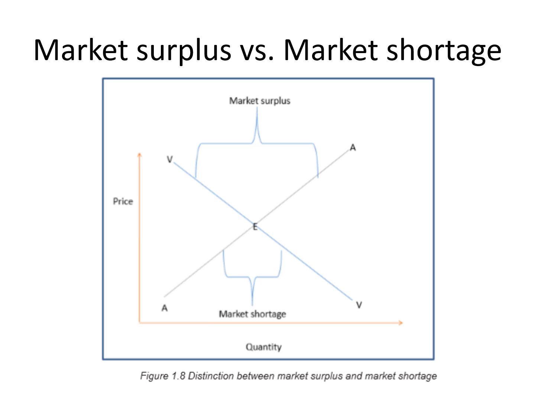When looking at market surplus versus market shortage, you will see on the graph that market surplus indicates the difference between demand and supply, where supply is more than the actual demand, while market shortage is where the demand is more than the actual supply and is found at the bottom of the graph.